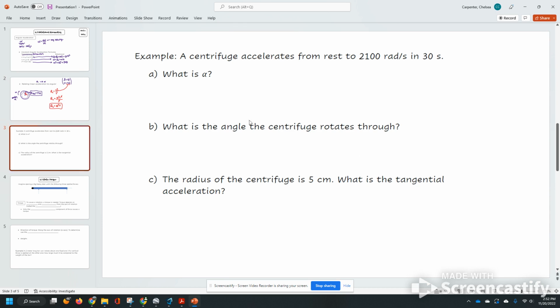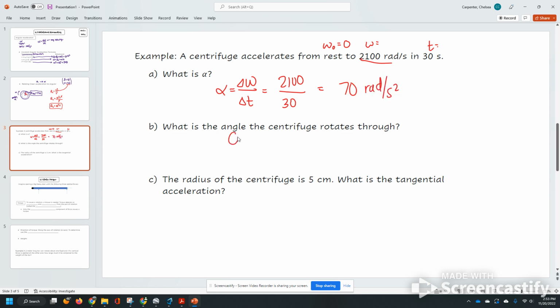All right, so example time. We've got our centrifuge that accelerates from rest. So our initial angular velocity is 0, to 2100 radians per second in 30 seconds. Our angular acceleration is just our change in velocity over change in time. So that's 2100 over 30, which is 70 radians per second squared.